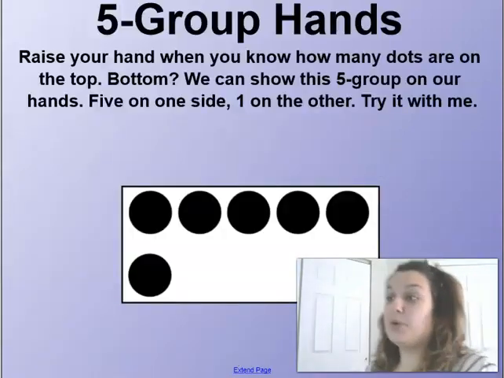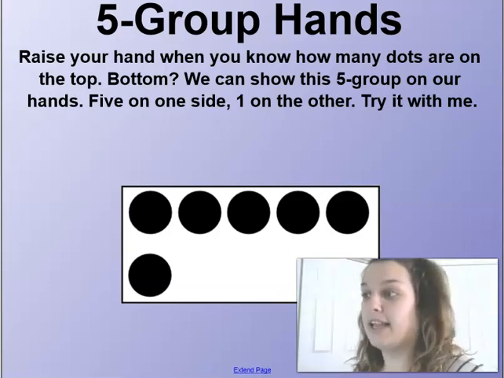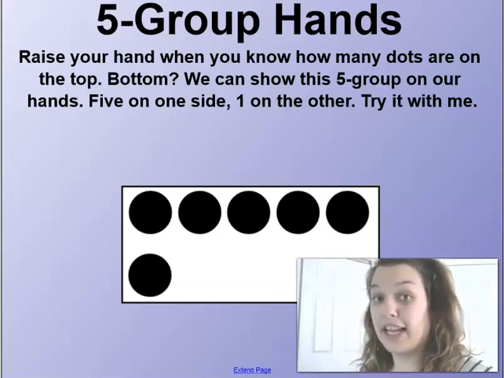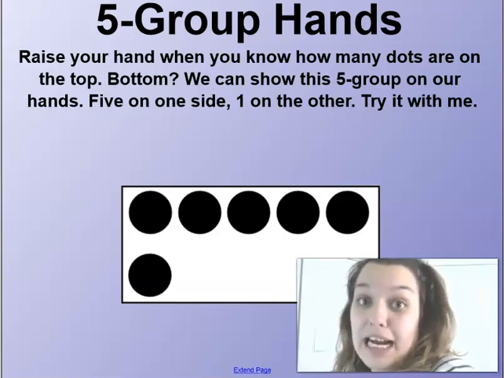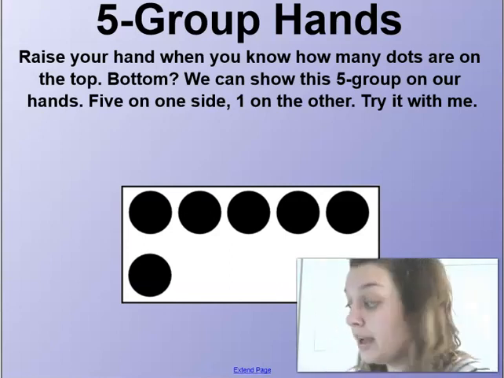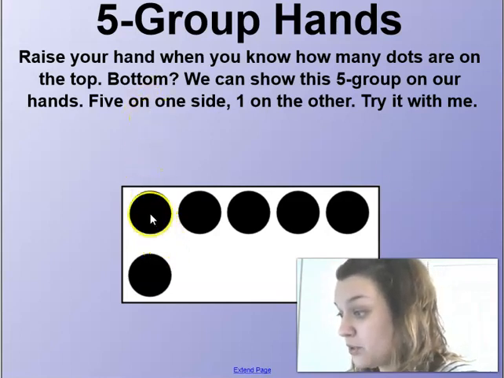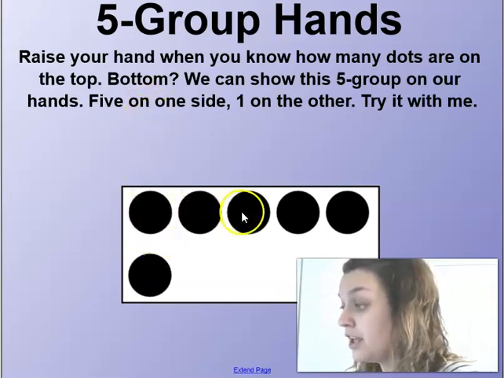Okay, so we're going to play a quick game. It's called 5 group hands. You are going to raise your hands and show me the numbers when you figure out how many dots are on the screen. So I want you to look at this screen. There's 1, 2, 3, 4, 5.